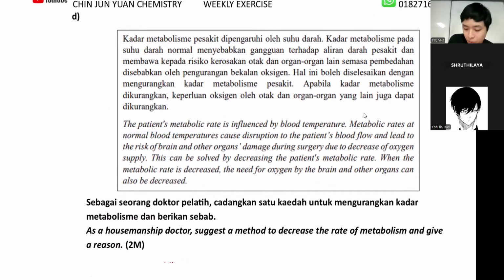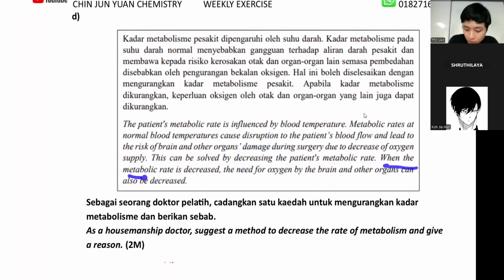The patient's metabolic rate is influenced by blood temperature. Metabolic rates at normal blood temperatures, if disrupted, cause disruption to the patient's blood flow and lead to the risk of brain and other organ damage during surgery due to decrease of oxygen supply. So it means insufficient oxygen. Basically, it's why blood pressure increases. This can be solved by decreasing the patient's metabolic rate.